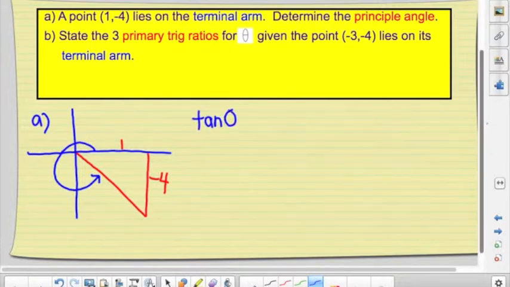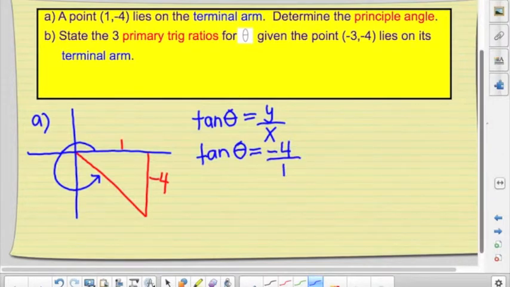Tan of theta is equal to y over x. That means tan of theta is equal to my y, negative 4, over my x, positive 1. So theta is going to be equal to the tan inverse of negative 4.